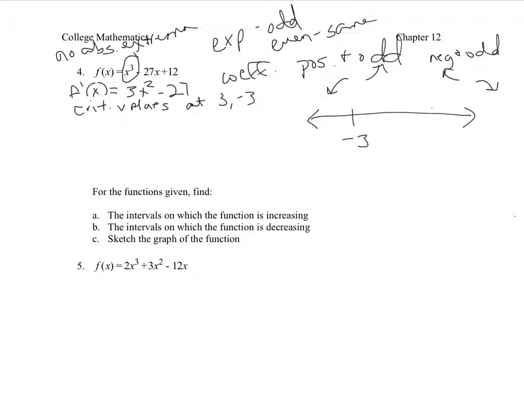But this time, I have 2 points that I'm interested in. So I'm going to have to find out what's going on the left side and the right side of each of these.